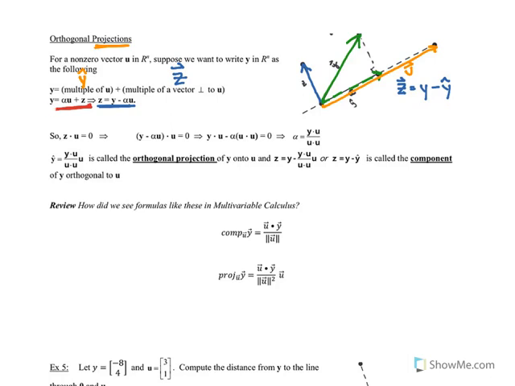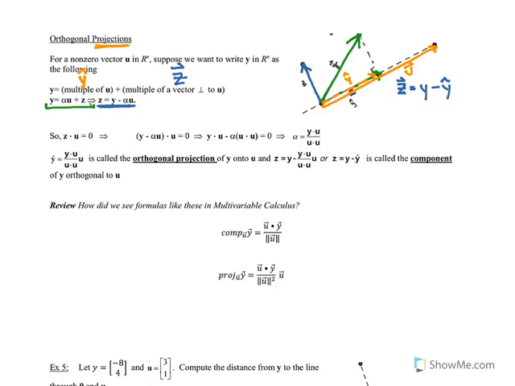Maybe I'll highlight this part in green instead so we keep our colors consistent. Now remember, y hat, while it is parallel or in the same direction as u, y hat is this portion. It is the projection of y onto u.